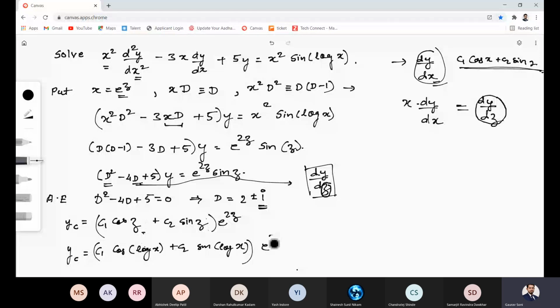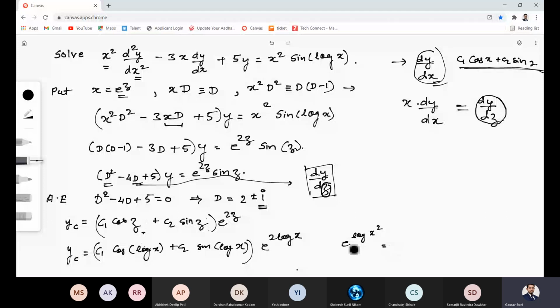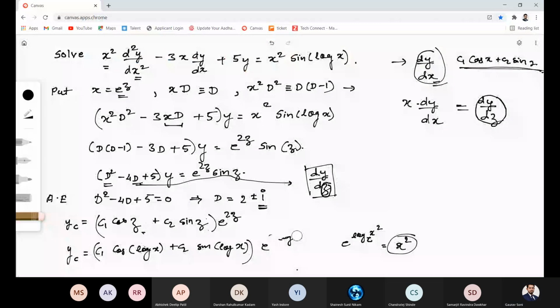You can use the properties of log and this will become e to the power log of x square. e to the power log to the base e of x square is simply x square. This is the property of log. So I will write down x square here. Okay, so this becomes your auxiliary solution.